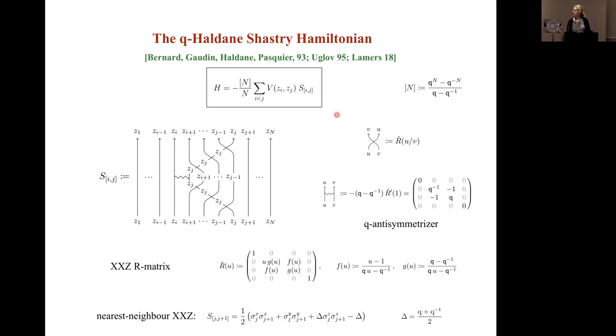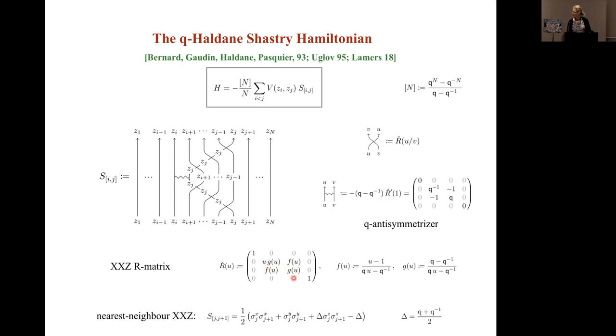So now everything will be q-deformed. You have this parameter q, which is different from 1, and the q numbers defined by this kind of formula. Then you have the R matrix of the XXZ model, which can be written in a particular presentation in this way, starting from this R-check. R-check is just the usual R matrix multiplied by a permutation.